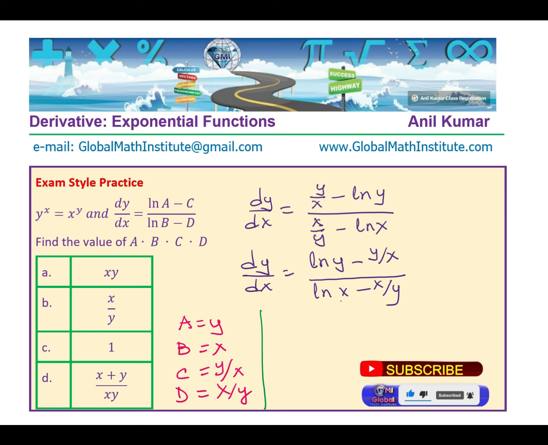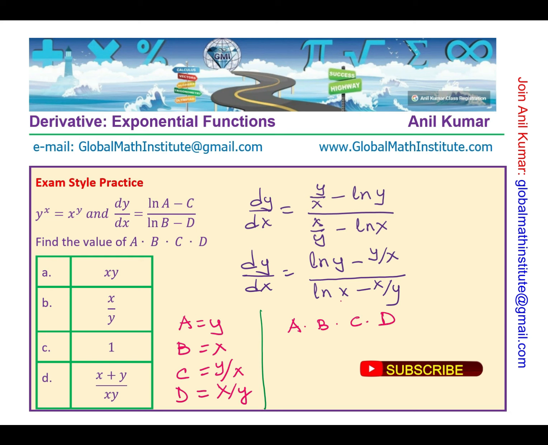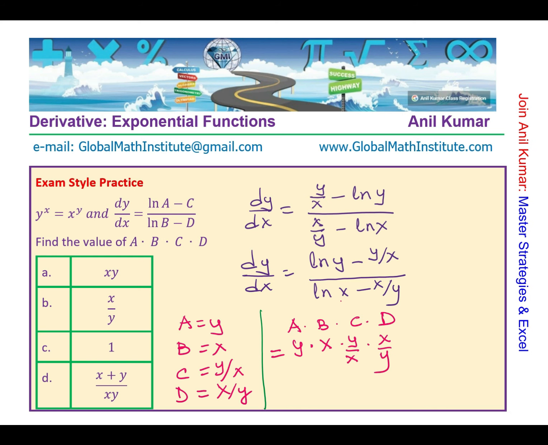So let's multiply them. a times b times c times d is y times x times y over x times x over y. Perfect. So from here we can cancel x and we can cancel y, and we're left with xy. So option A is the correct option, and that is how we are going to solve this particular question.